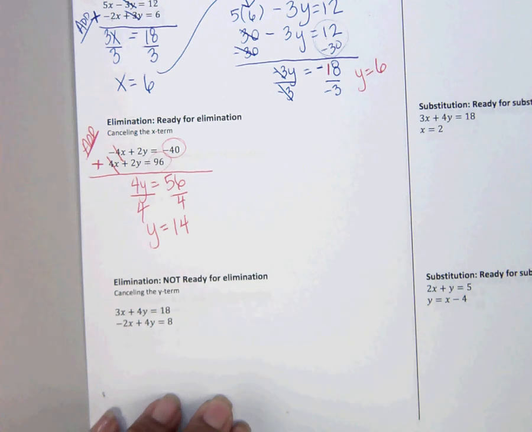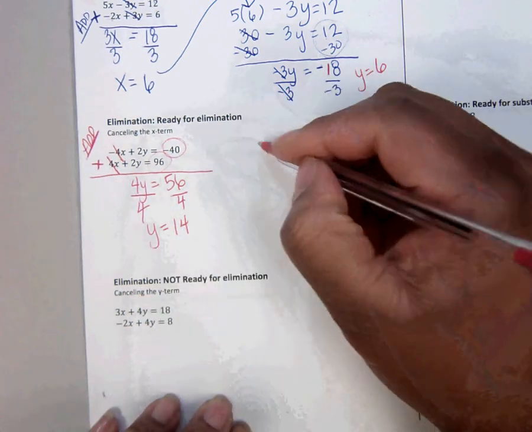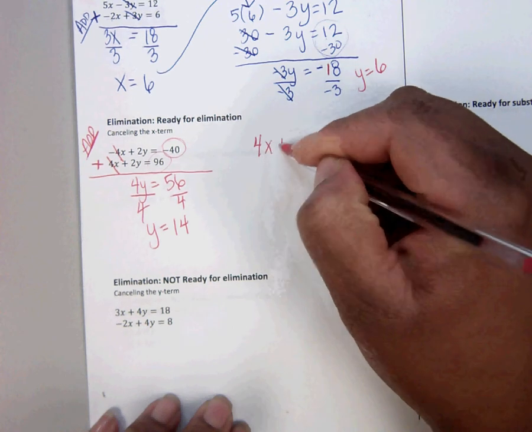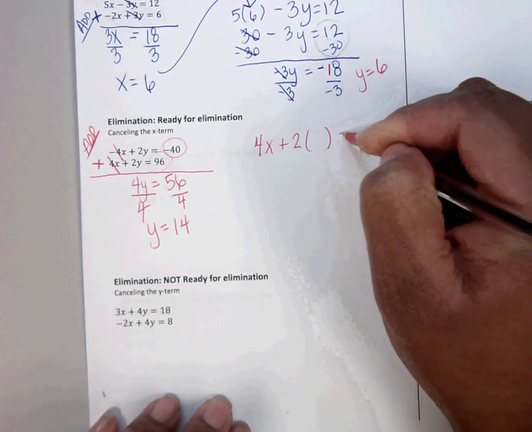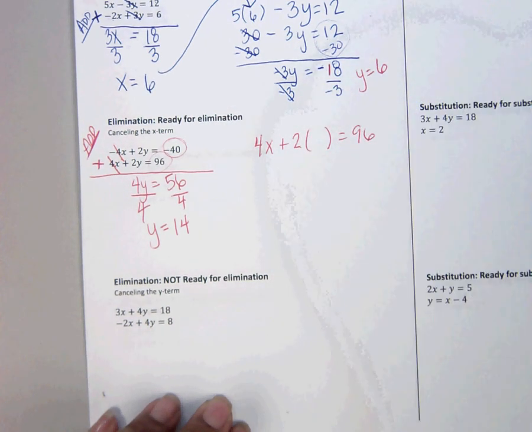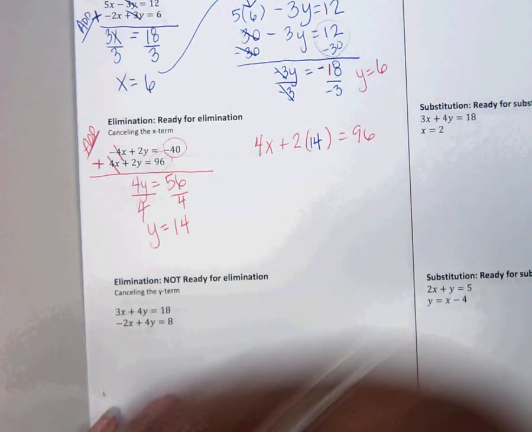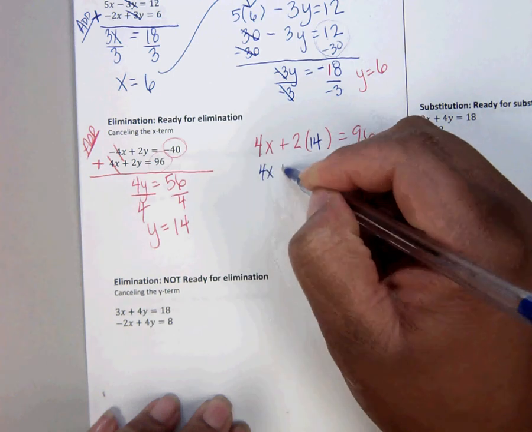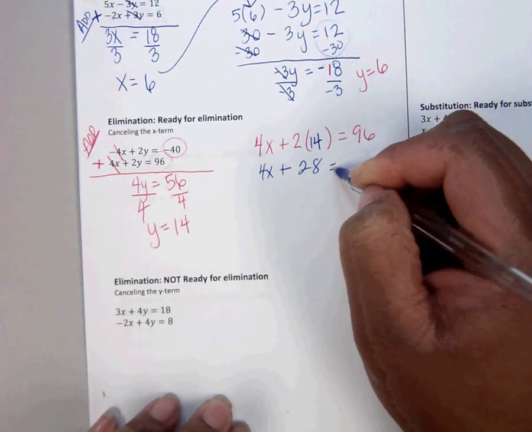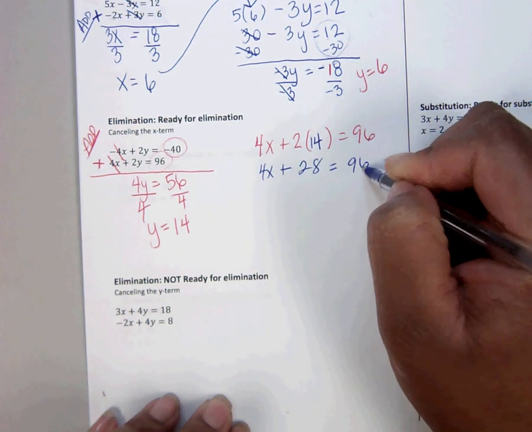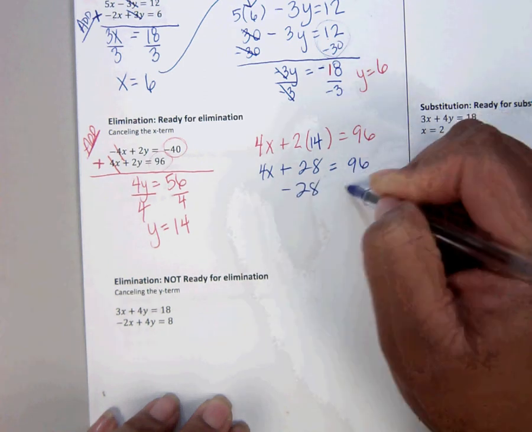Okay, now I am going to take the bottom equation and plug in my y. So 14 goes here. That is 4x plus 28 equals 96. Subtract 28 from both sides.